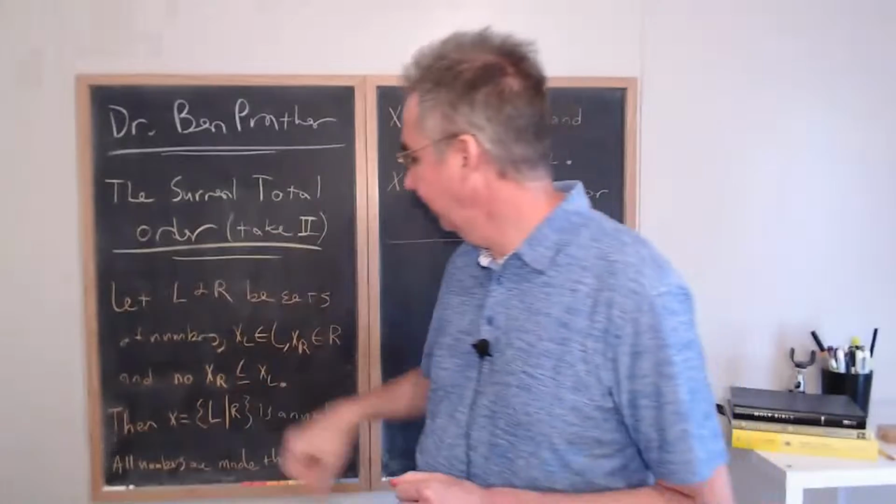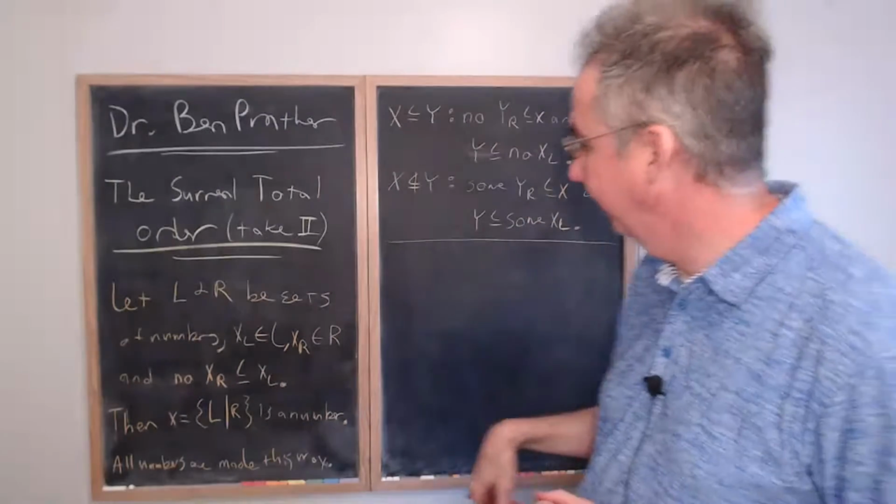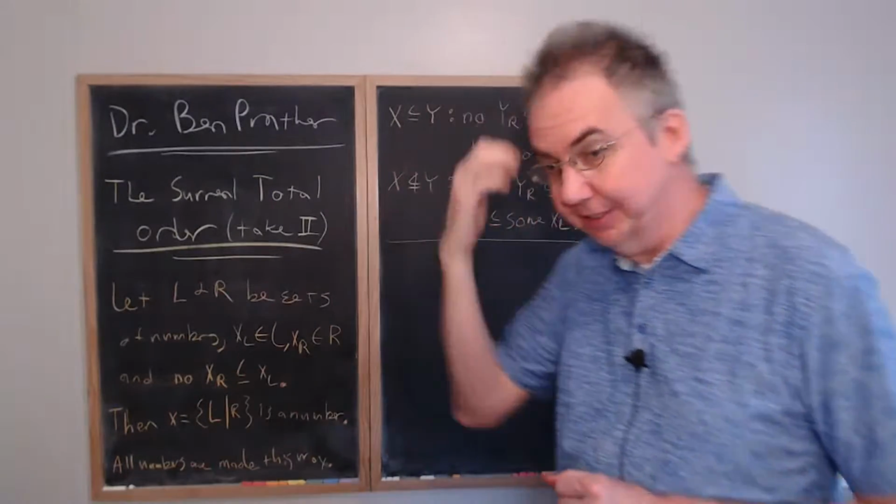But this definition includes this less than or equal to. So we need to define what it means for two numbers to be less than or equal to each other.